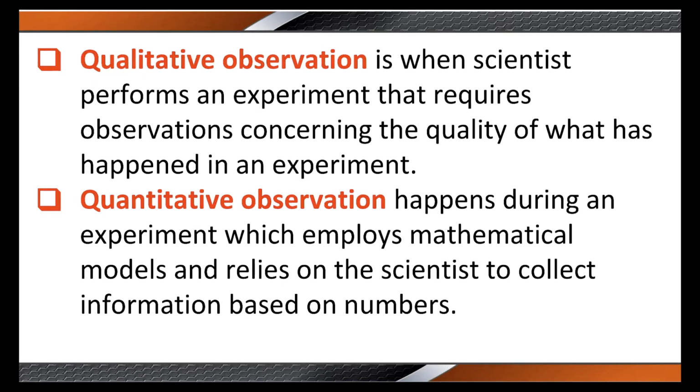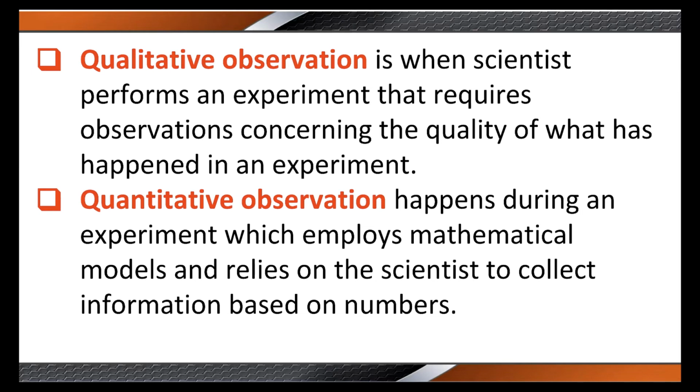So let's take a look at our third type of observation, the quantitative one. Quantitative observation happens during an experiment which employs mathematical models and relies on the scientist to collect information based on numbers. Here is an easy way to remember this.